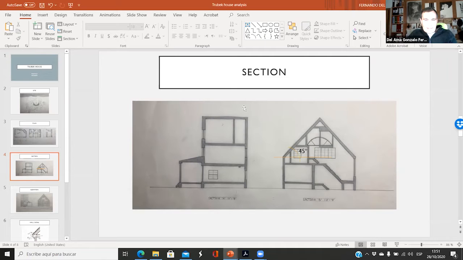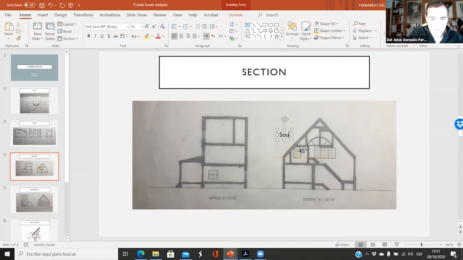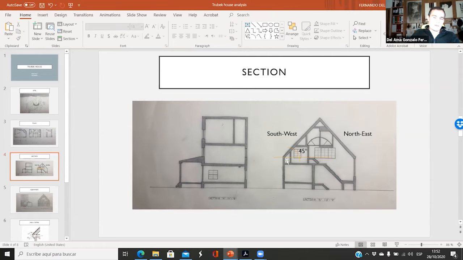So let's say that we have 45 degrees. This is the southwest orientation, and this is the northeast. So we have these two orientations, and the angle is 45.